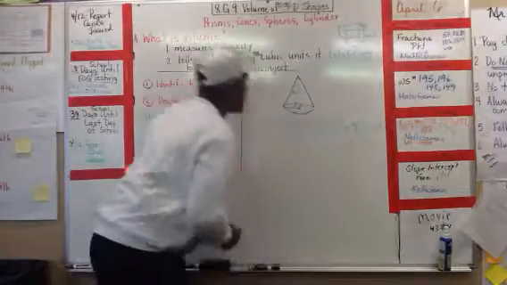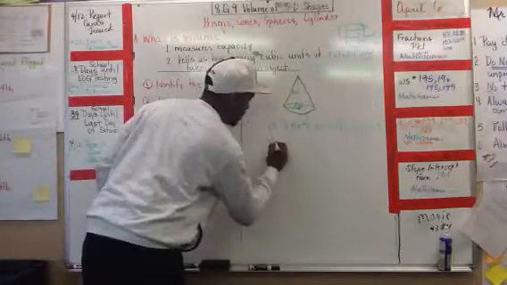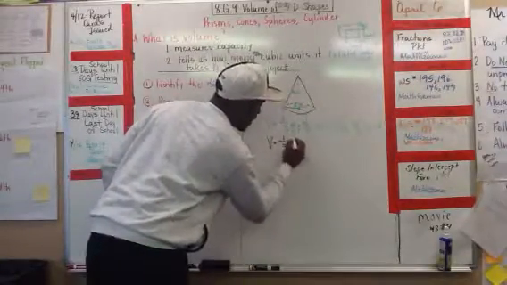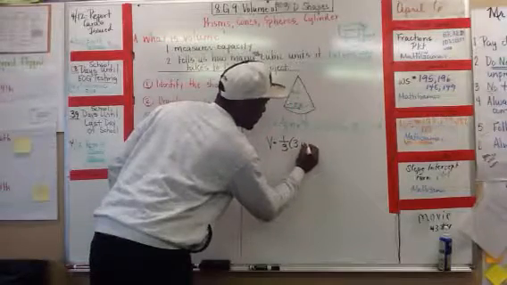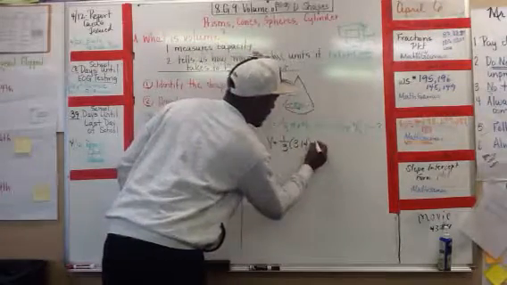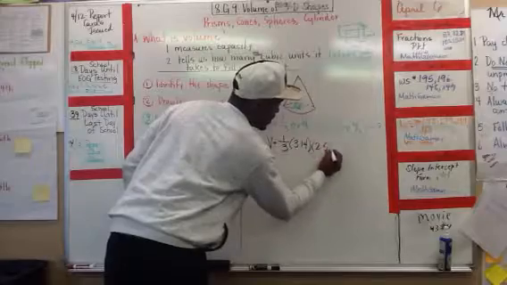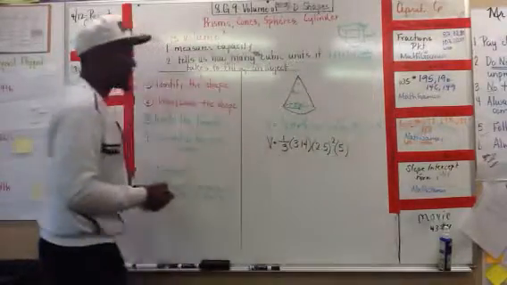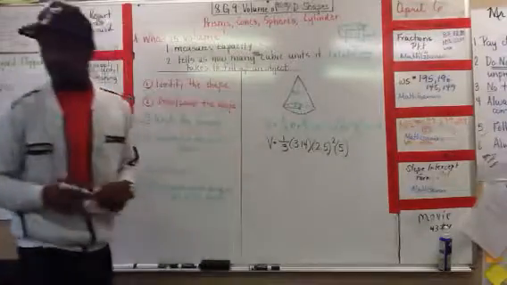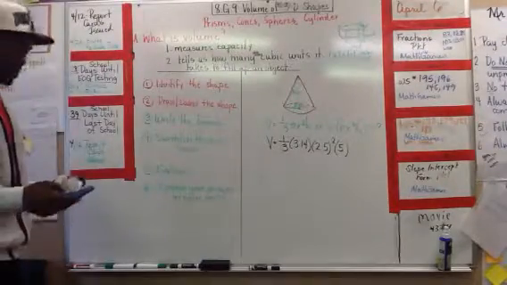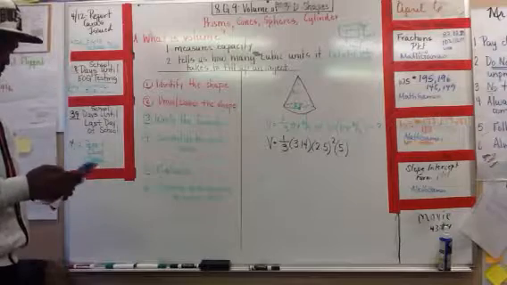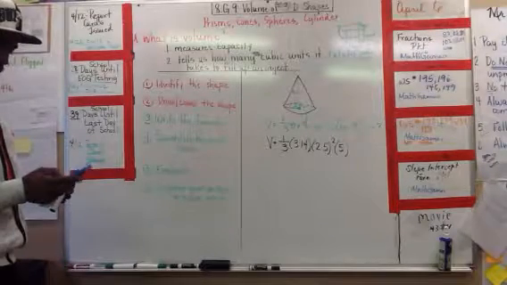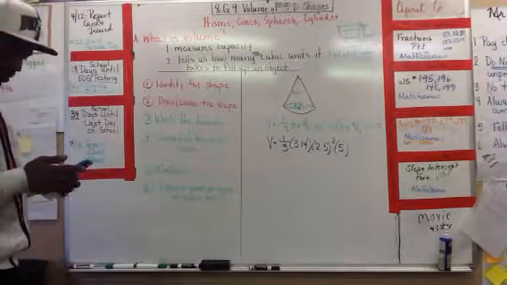Do what we've been doing, plug it into the formula. V equals 1/3. We know pi is 3.14. The radius is 2.5. It gave it to us in this case. It must be squared and multiplied by 5. Okay? 2.5 squared is 6.25.